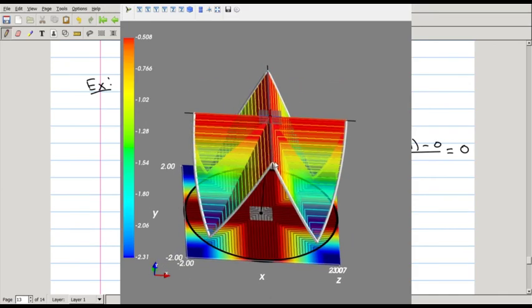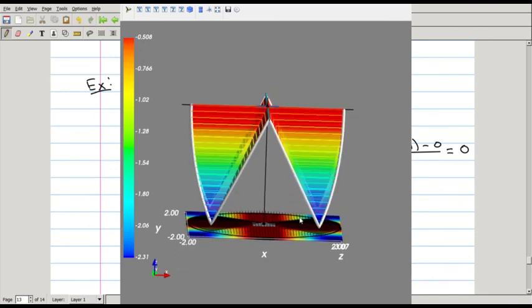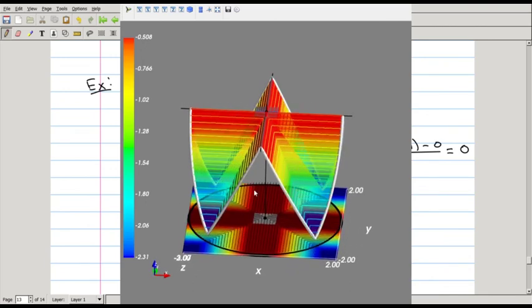If I rotate it, you can see very clearly that this function is continuous. There are no discontinuities. Not only that, the function is differentiable at several different points, but it's definitely not differentiable near these cusp points, which we expect because of the absolute value.